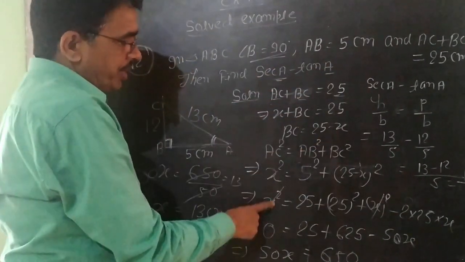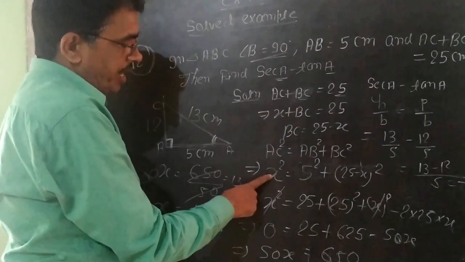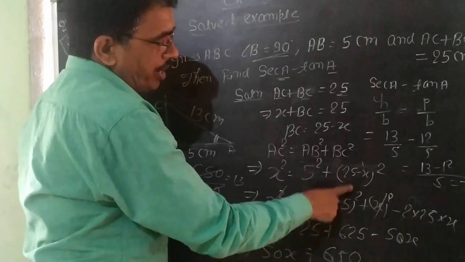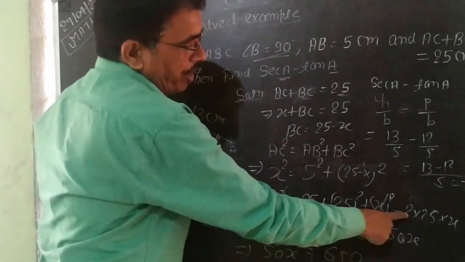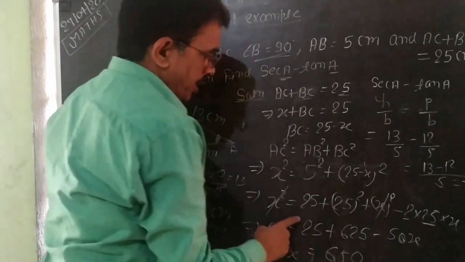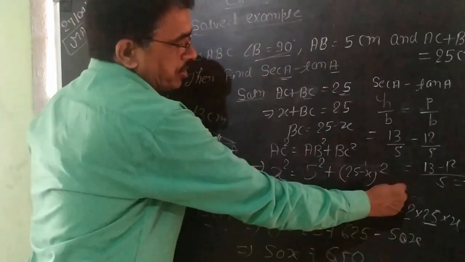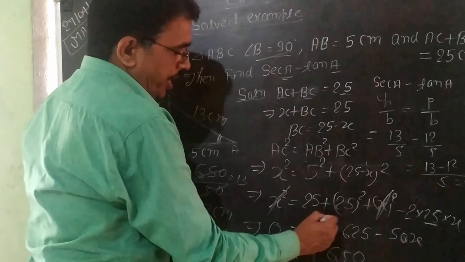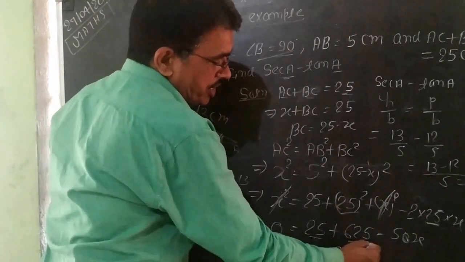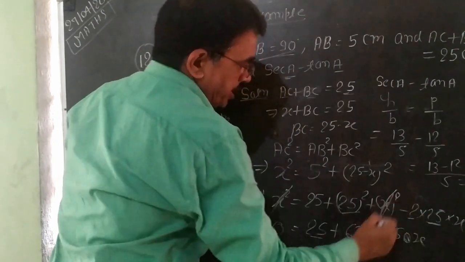And we solve it. After calculation, you see here, it is x square equals 25 minus x whole square, so a square plus b square minus 2ab, that is 25 square plus x square minus 50x. Here is x square, here is plus x square, so we cancel them. Here only 0 remains. Here is 25, the square of this is 625, and it is 50x.